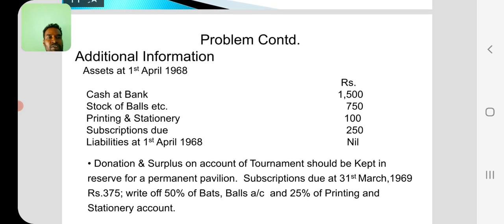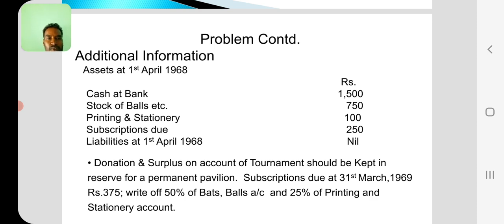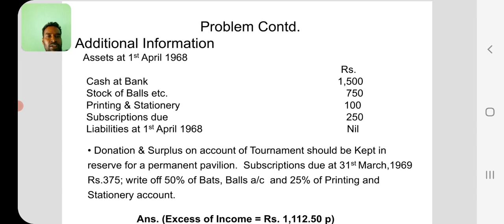So additional information is here. Assets at 1st April 1968: cash at bank 1500. Stock of balls 750. Printing and stationery 100 will be posted in the payment side. Subscription due 250.